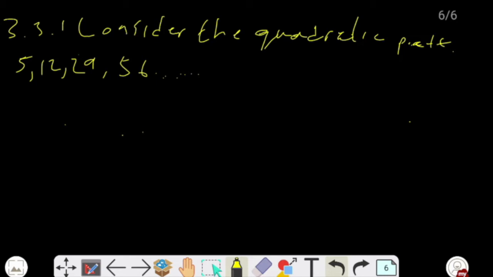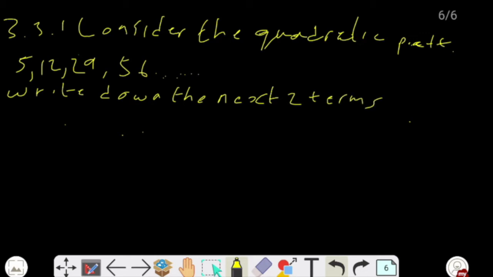Now the question says write down the next two terms of the pattern.